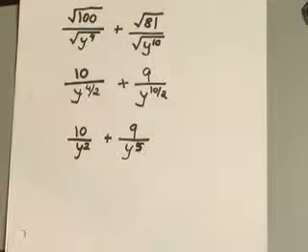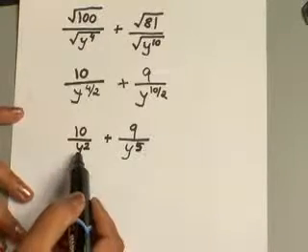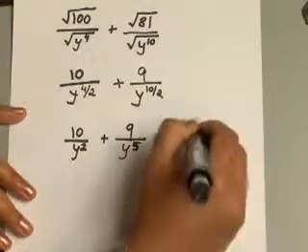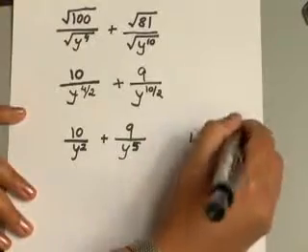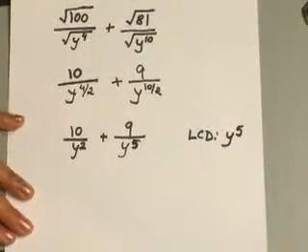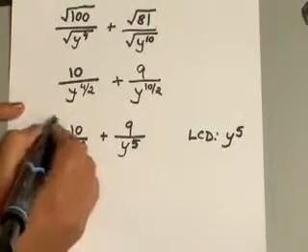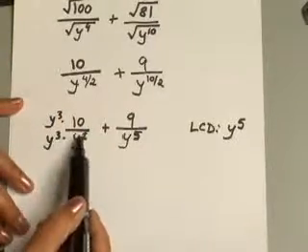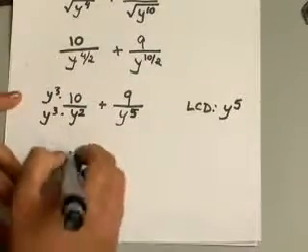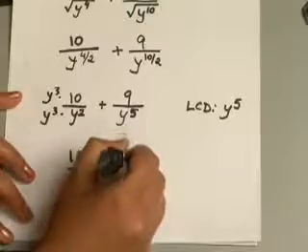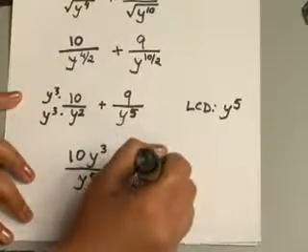Now, just like we do with any fractions, any rational numbers, you try and add the two rational expressions together. Now you can see your first denominator is y to the 2nd, your second denominator is y to the 5th, so your least common denominator is going to be the higher power. So y to the 5th is your denominator, which tells us we need to multiply our first expression by y to the 3rd, because again remember 3 plus 2 will give us 5, so you end up with 10 y to the 3rd over y to the 5th plus 9 over y to the 5th.